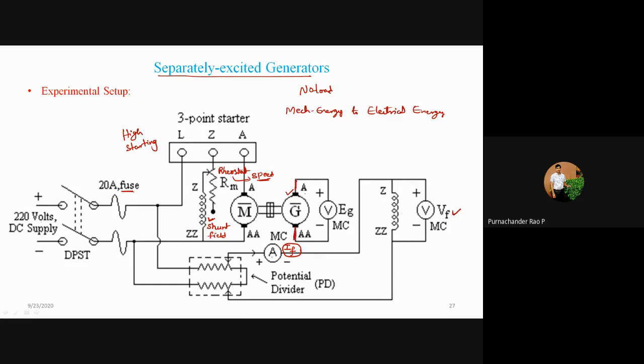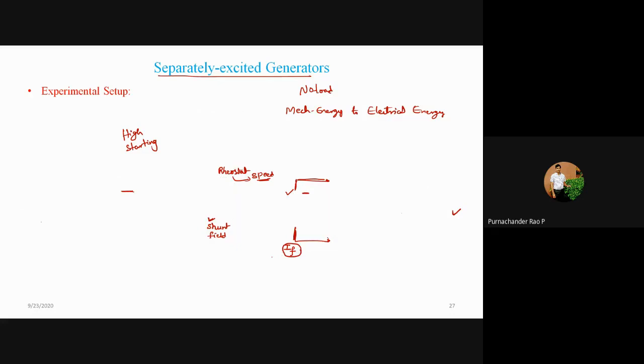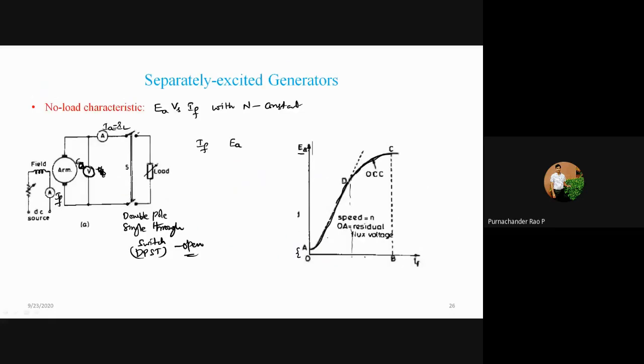A and AA are the generator armature terminals, which are kept open. The load is not connected here. Just observe, is there any load on this? There is no load. So we are connecting a voltmeter here just to measure the voltage across these armature terminals. In the previous case, we discussed that here the switch is open.